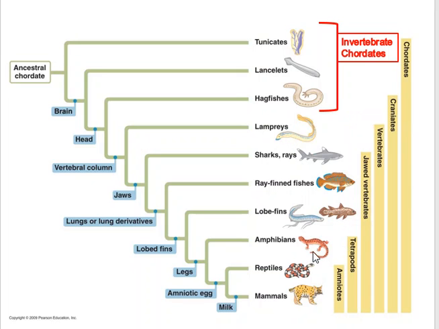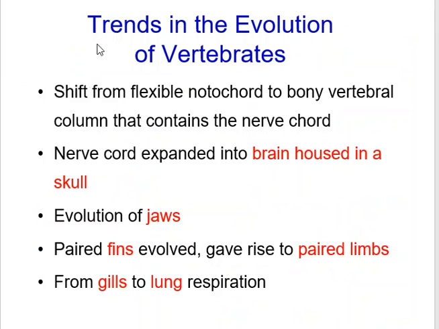We went through all these groups and we highlighted the main features. We ended up again last time with amphibians. So never forget what are the trends in the evolution of the vertebrates. We just understood what is that passage between aquatic and terrestrial life.